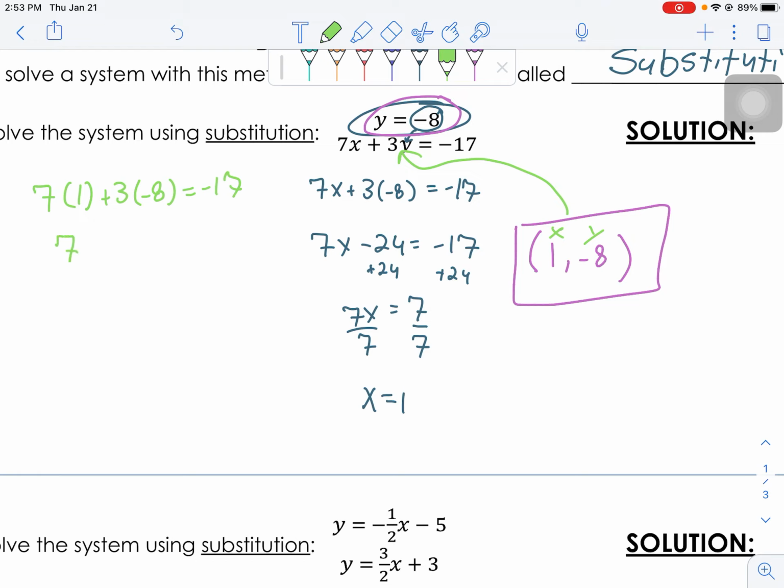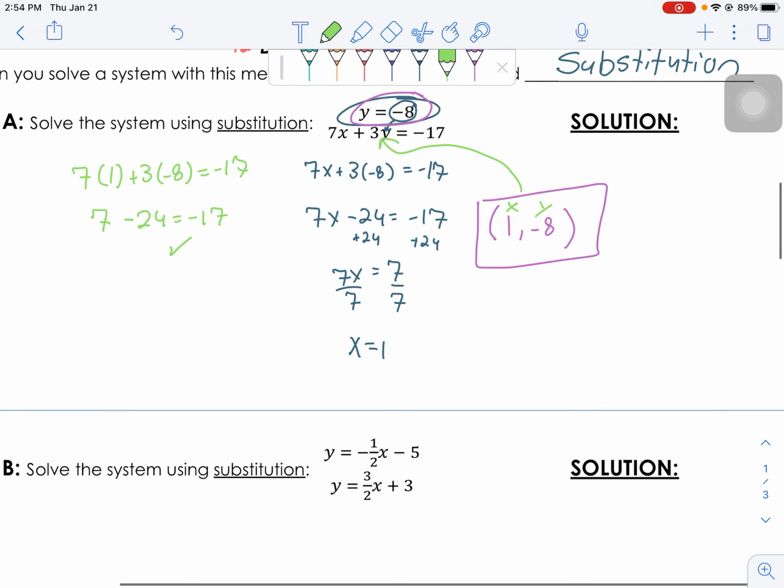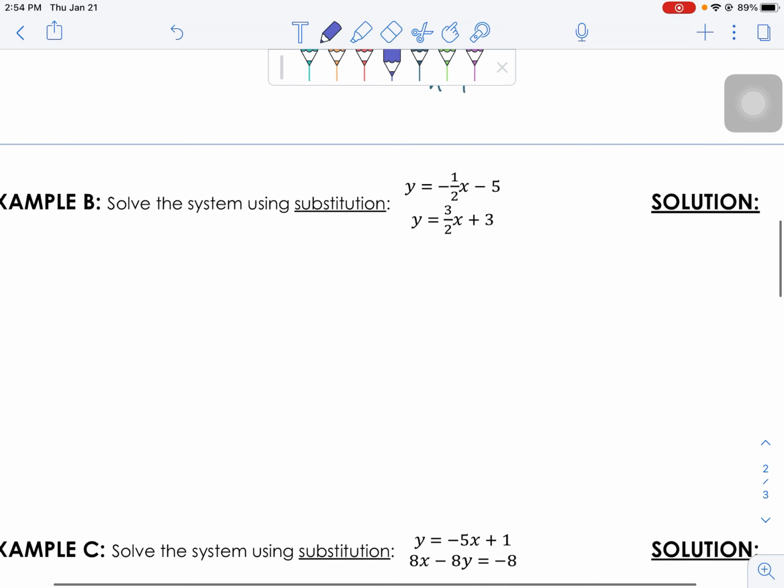So that would be 7 minus 24 is equal to negative 17. Is 7 minus 24 equal to negative 17? Let's think. If you take 24, you take away 4, that would give you 20 and 3. So yeah, this is good. Negative 17. All right. So (1, negative 8) is our solution there.